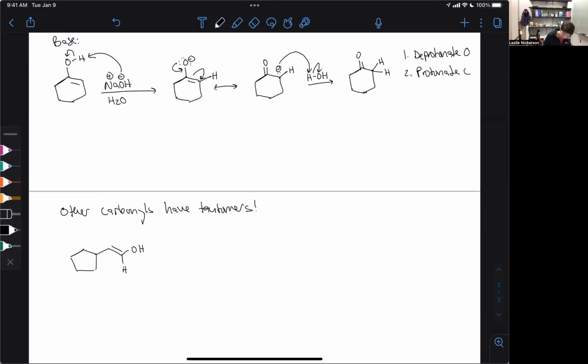So this one, again, we can do aqueous acid or base. And they're both going to get to the same exact carbonyl. In this case, we're going to be making an aldehyde because I have this H right here.